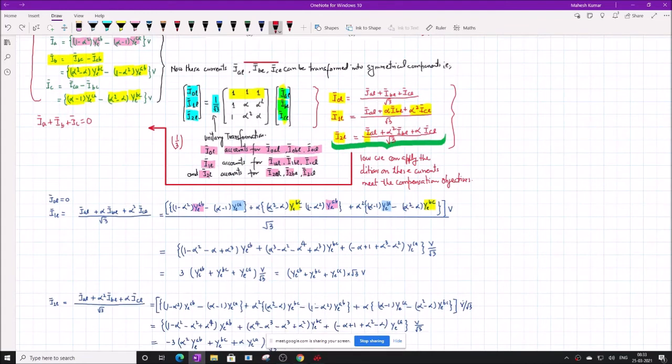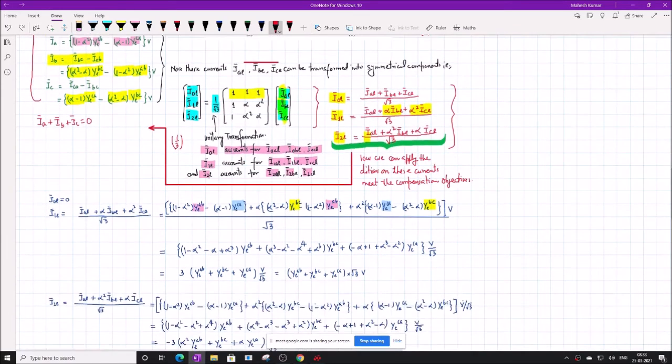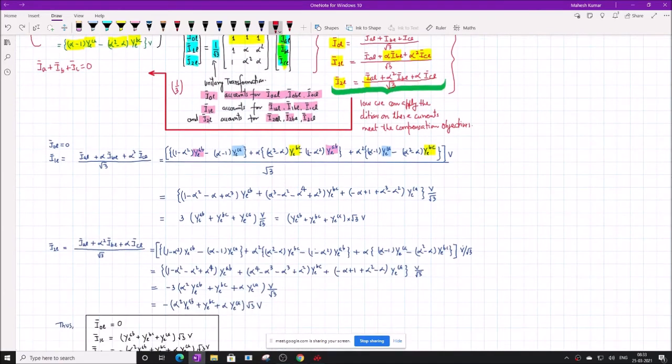Then let us compute the positive sequence load current, which is IAL plus alpha into IBL plus alpha square into ICL. We want to simplify this and see it in terms of voltage. We already know what IA, IB, IC are. From these values of IA, IB, IC, we can simplify the expression for I1L, the positive sequence load current.